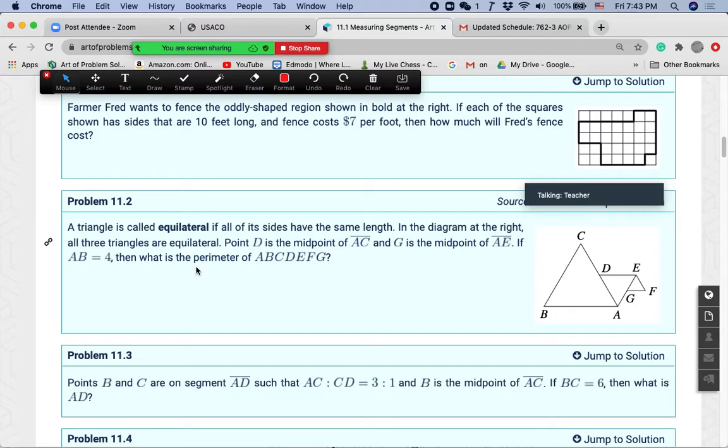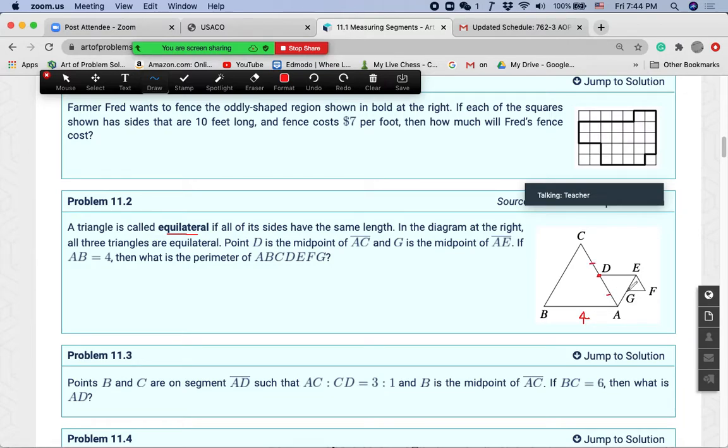Okay, I give everybody 1 minute. Try it. Here, they give you the length of AB, that's equal to 4. Then here you have 3 triangles. They are all equilateral. Equilateral triangle means all their sides are the same. Say ABC have the same side length. Then D is the midpoint of AC, so that means this one equals this.